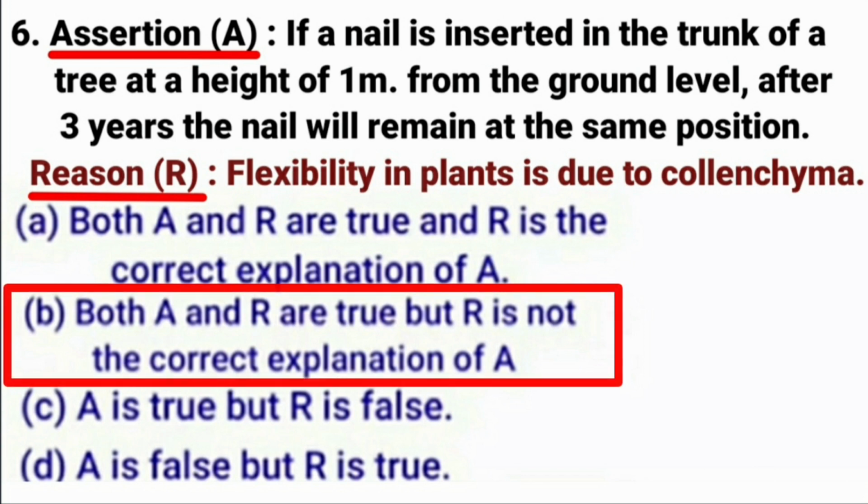So, the correct answer is option B. The nail will remain at the same position because a plant or tree grows from its tip, that is stem tip or root tip, not from the point at which it joins the ground. So, the tree will grow but the nail will remain at the same place on the tree trunk.